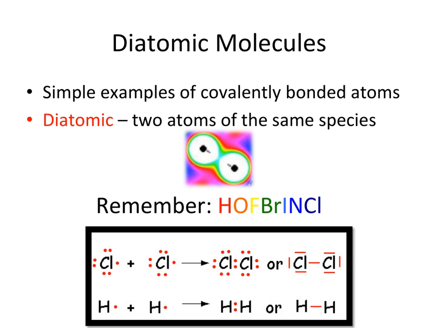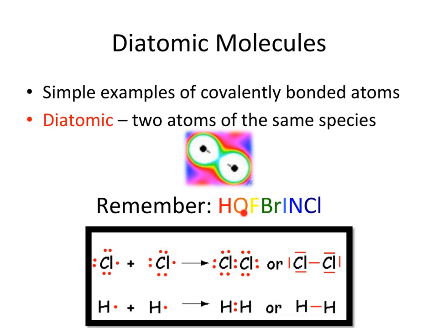The most simple types of molecular covalent bonds come in the form of diatomic molecules. And diatomic really means just two atoms. But we usually apply this definition to atoms of the same species. Now, you may have seen this mnemonic before, Hofbrinkel, which is all about the types of elements that form diatomic molecules, bonds between themselves.